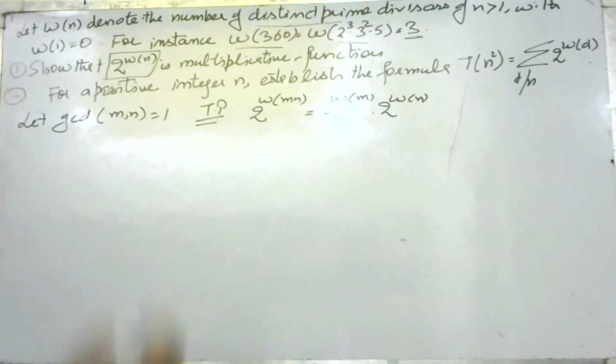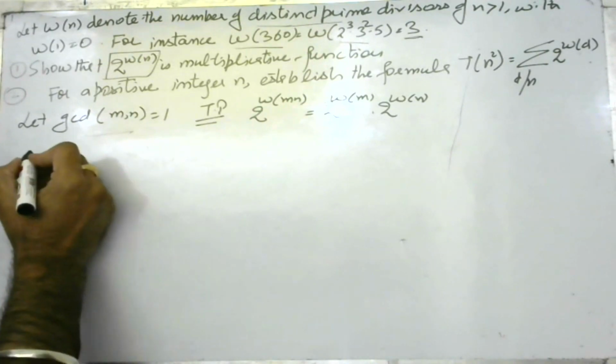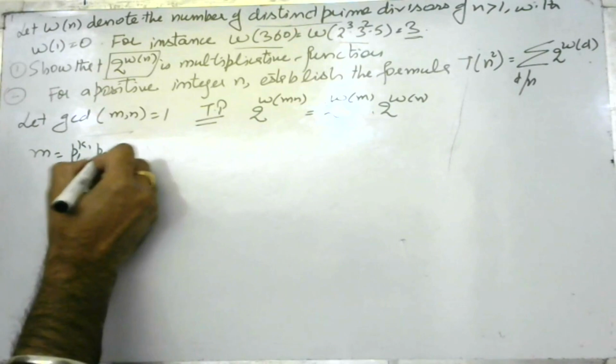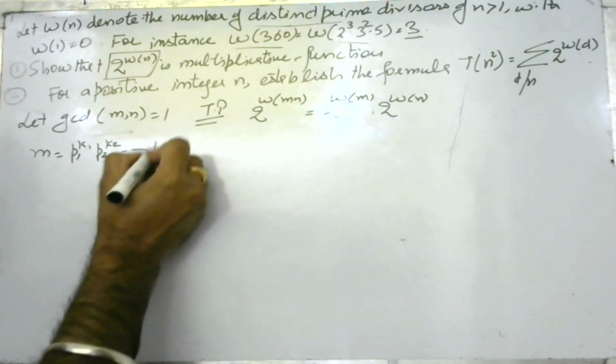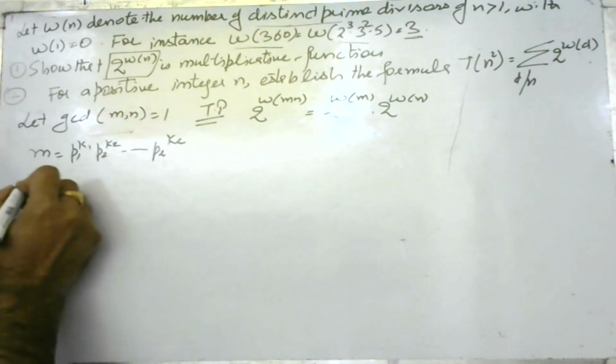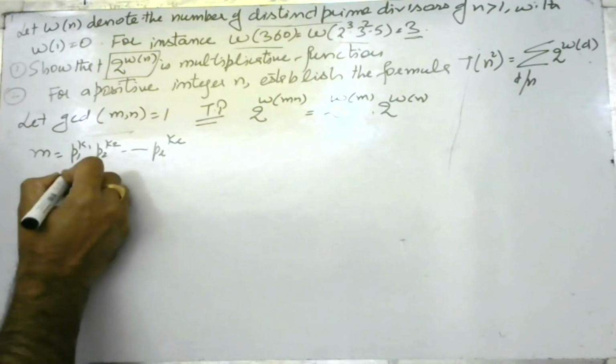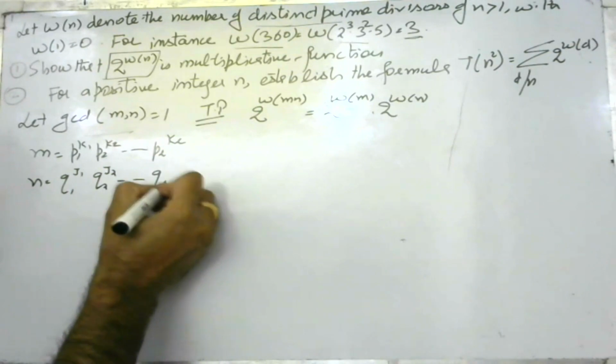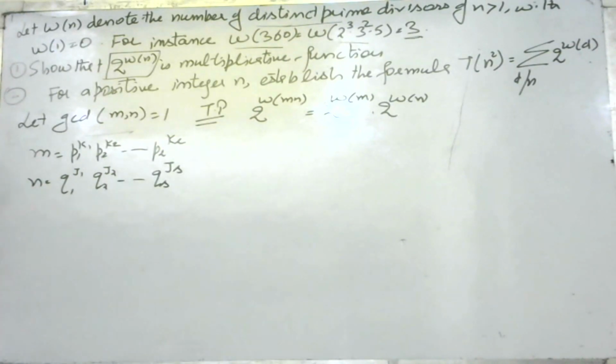So for that, as we have taken two relatively prime integers strictly greater than 1, let us write their prime factorization. m is equal to p1 power k1, p2 power k2, up to pr power kr, and n is equal to q1 power j1, q2 power j2, up to qs power js.